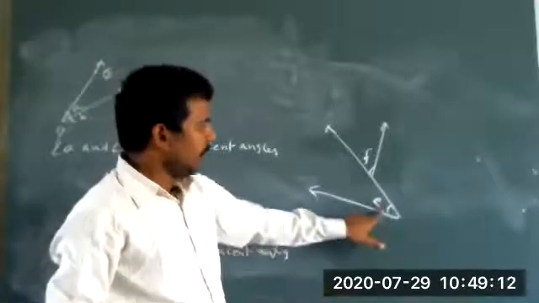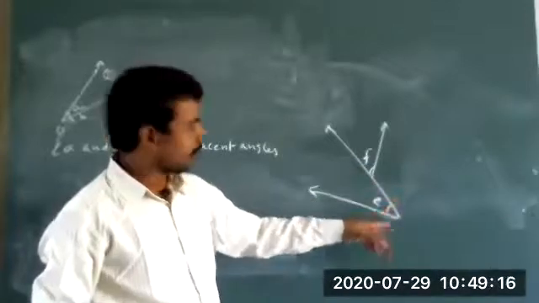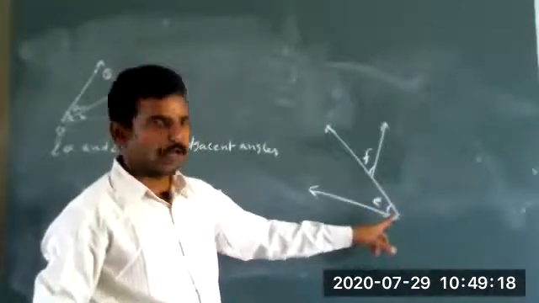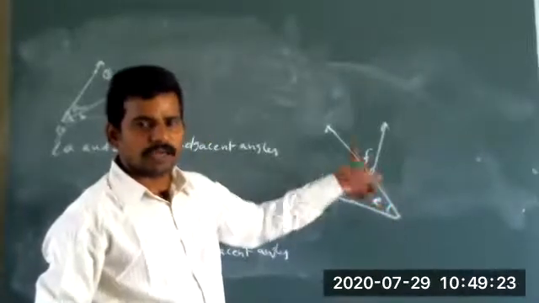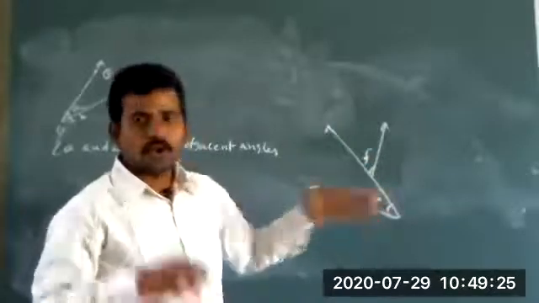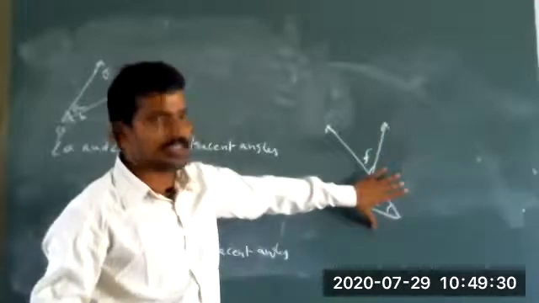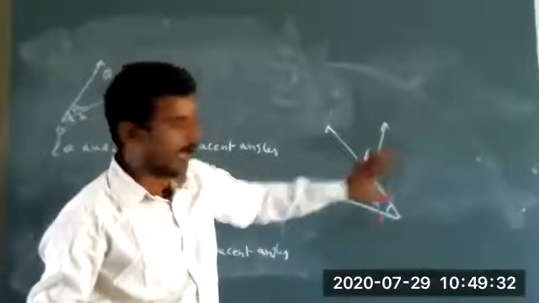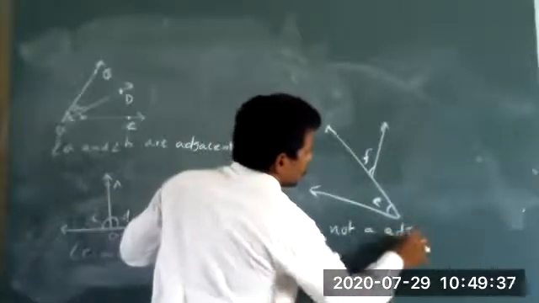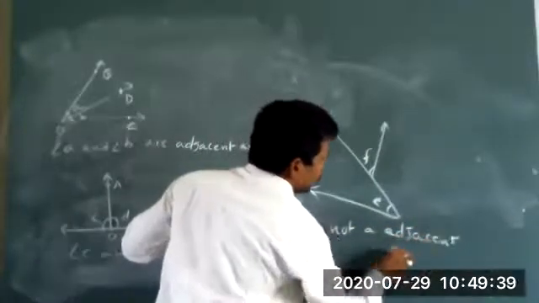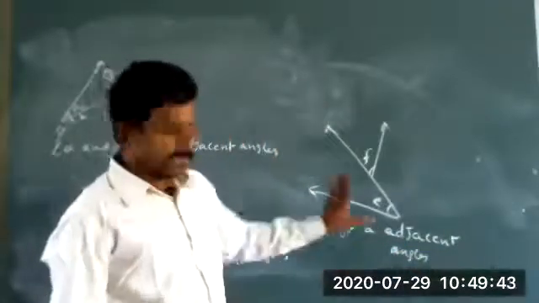Here, where is the common arm? No common arm. And where is the common vertex? No common vertex. These two angles are separate, with no common arm and no common vertex. So this is not adjacent angles. Clear, children?